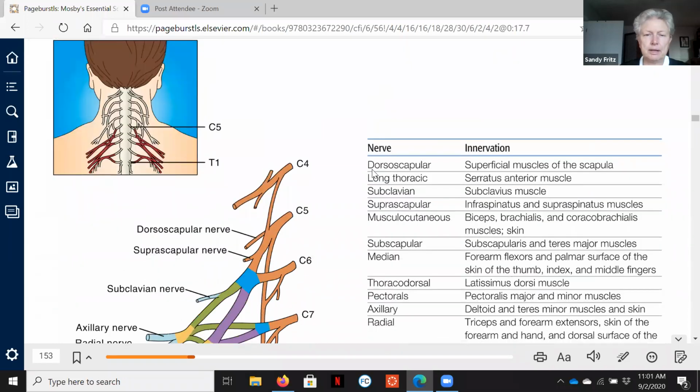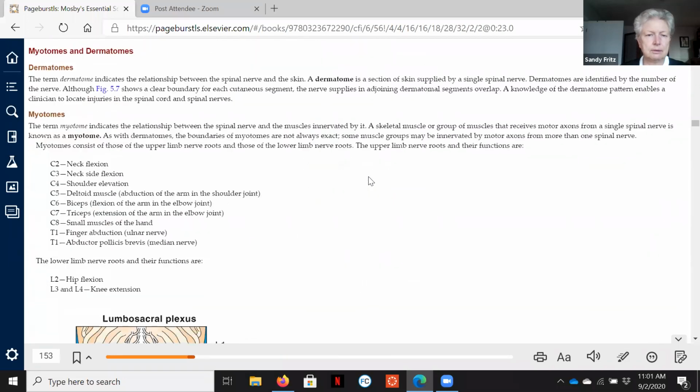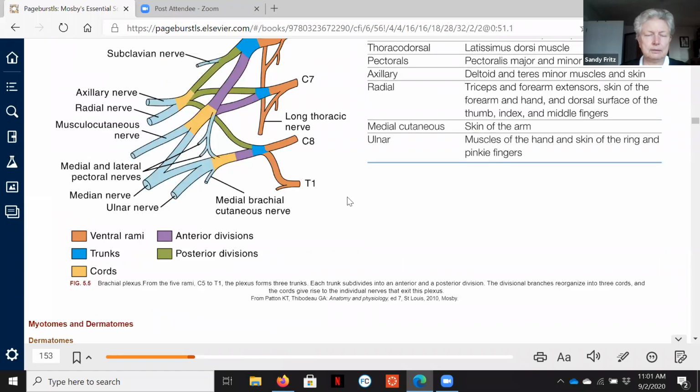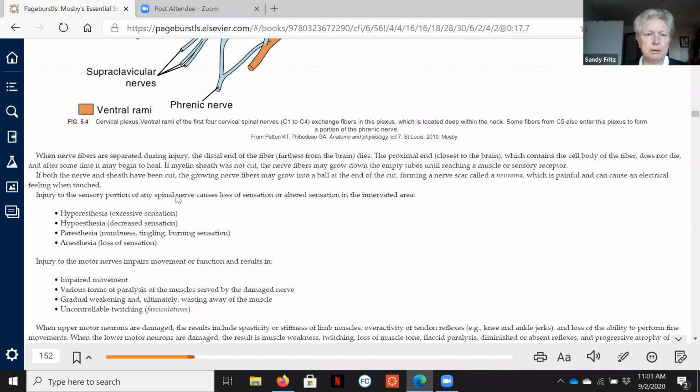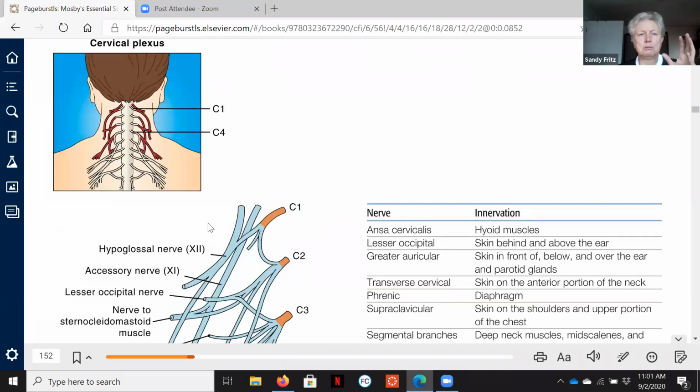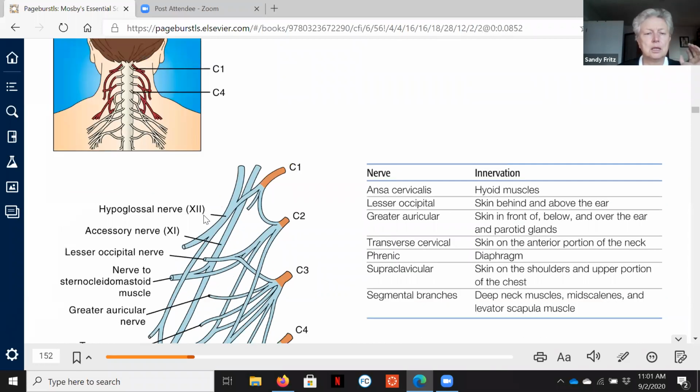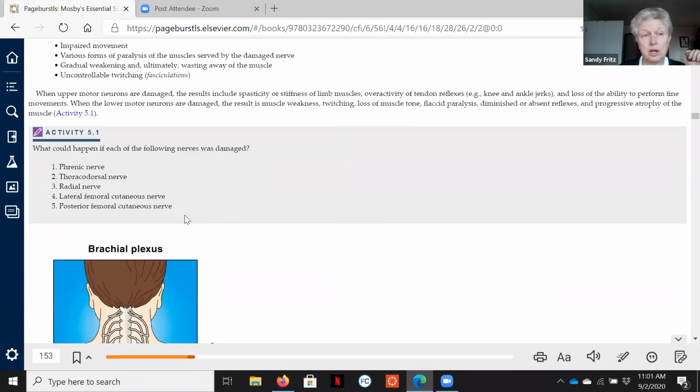And then here's our brachial plexus. This is the one that tends to radiate into the shoulder behind the scapula and down the arm. Cervical plexus, top of the shoulder, into the neck, up into the head, over into the jaw a little bit.